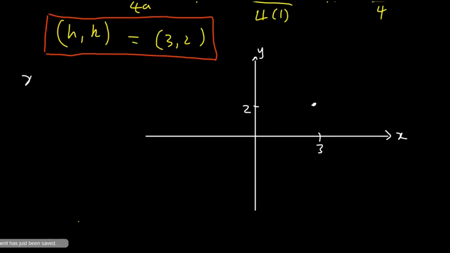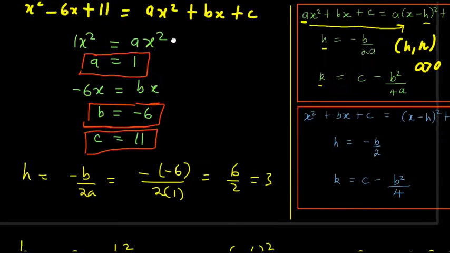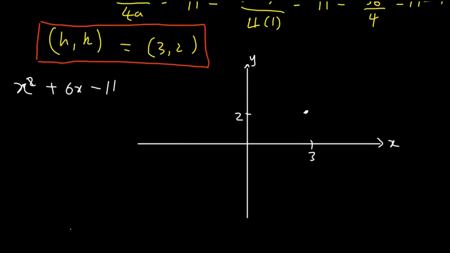So it's x squared plus 6x minus 11. Is it minus? Oh yeah, I just made a mistake. Okay, minus 6x plus 11. So we need to just draw this graph.